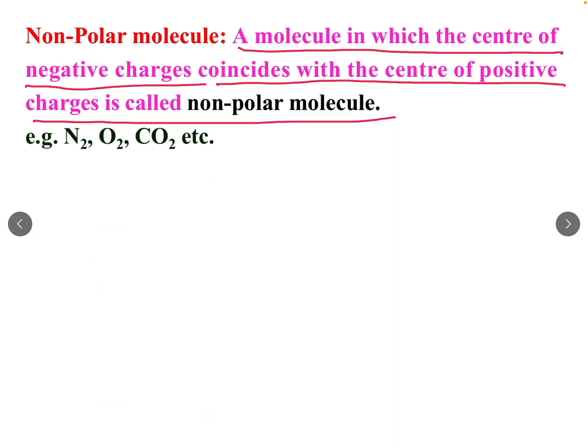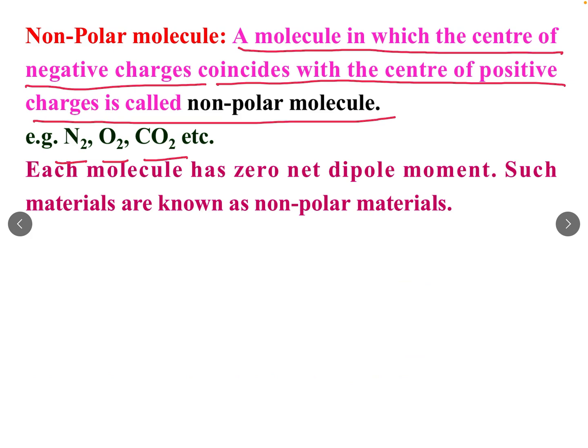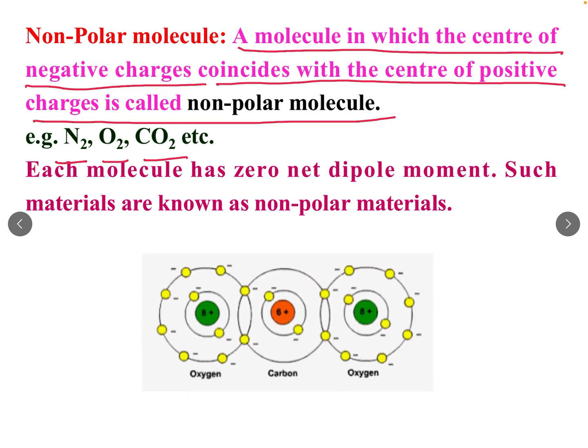Example: N2, O2, CO2, etc. Each molecule has zero net dipole moment because there is no separation between the positive charges and negative charges. Their centers are coinciding, so their net dipole moment is zero. Such materials are known as non-polar materials.